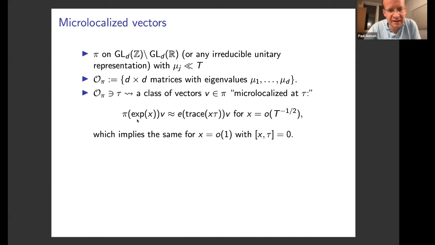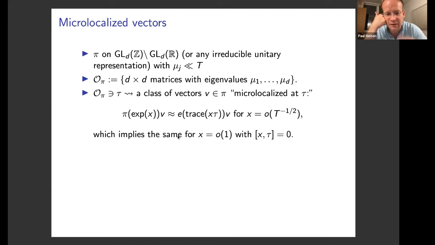You can motivate this by thinking about how this relation changes if you translate both the vector and the matrix tau by the same group element. If you translate the vector and you conjugate the parameter tau, this relation will again remain valid for formal reasons. In particular, if you translate the vector by something that centralizes tau, you'd expect to get back another vector satisfying this condition.